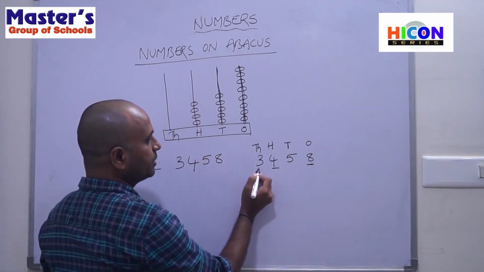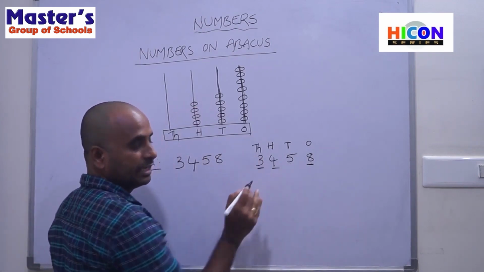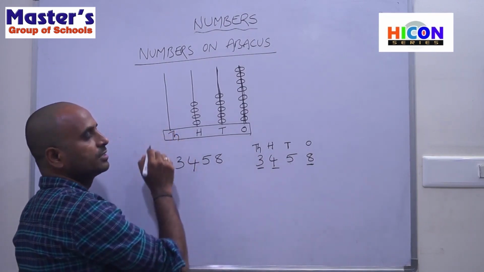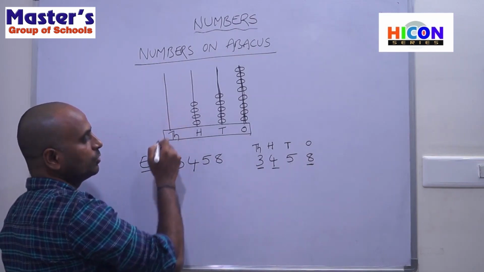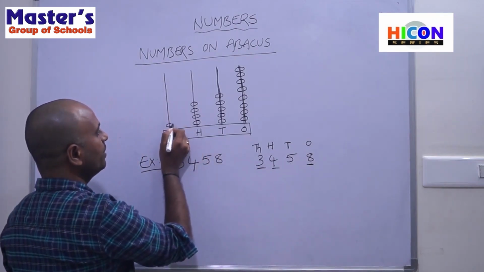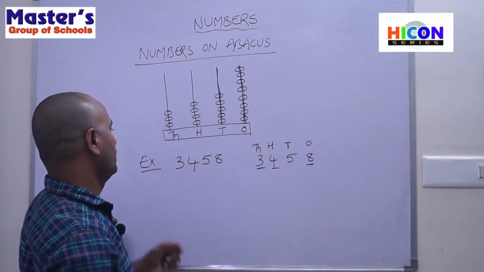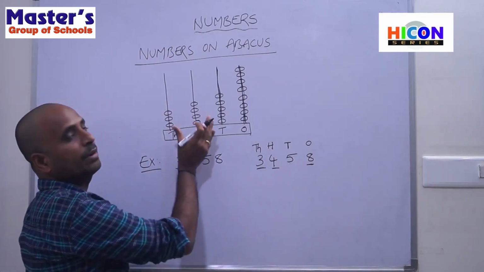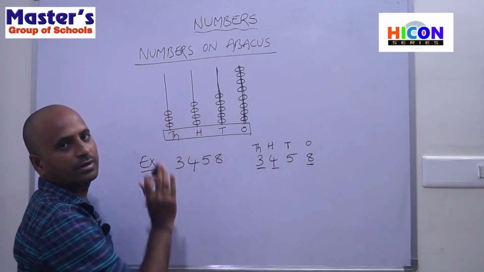And next 3 is present in thousands place, and we have to draw 3 beads on thousands place stick. Here the fourth stick represents thousands place, and we have to draw 3 beads on it. 1, 2, 3. So this is the way of representing a number on the abacus, the way of drawing beads on abacus.